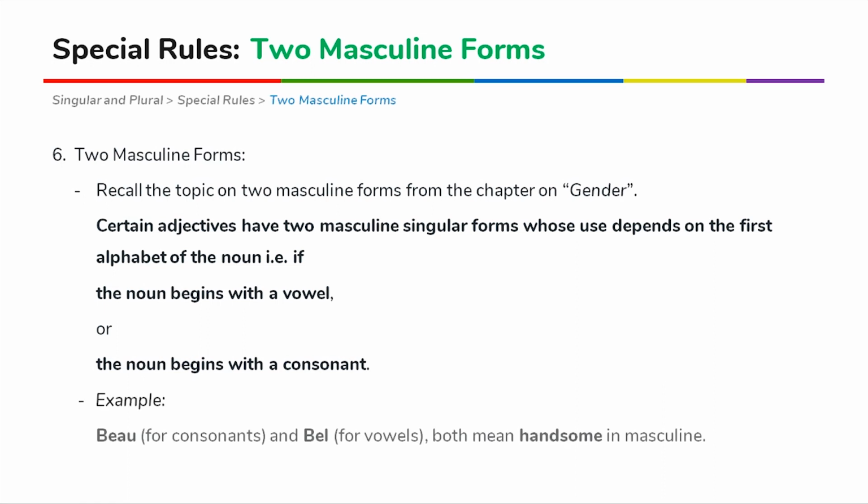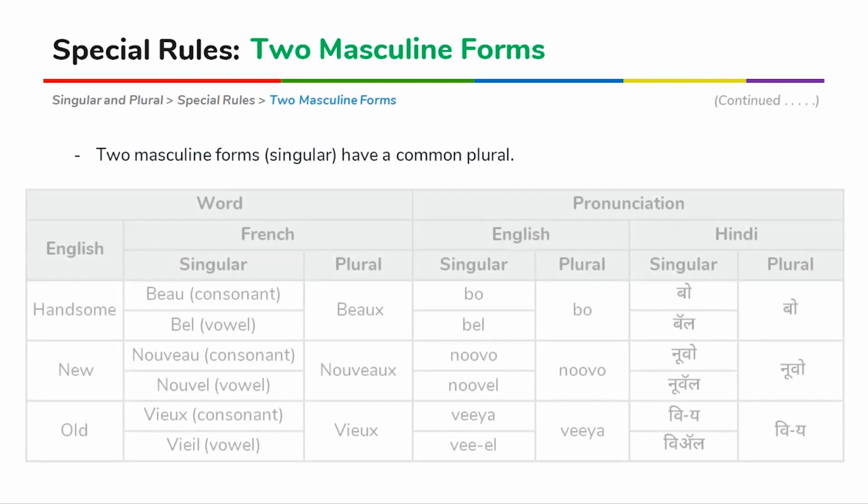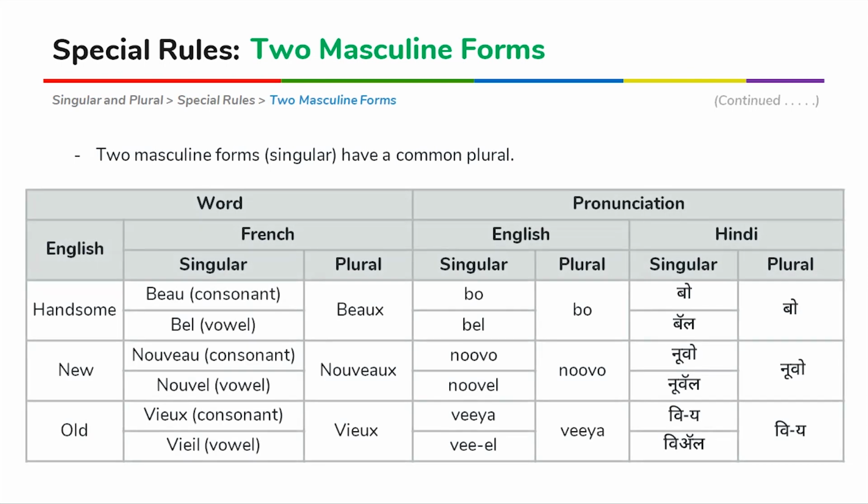Example: beau for consonants and belle for vowels and silent H. Both mean handsome in masculine. Coming to the plural form of these two masculine singular forms, both these forms have a common plural, that is, beau. Things will be clear to you from the table shown here.